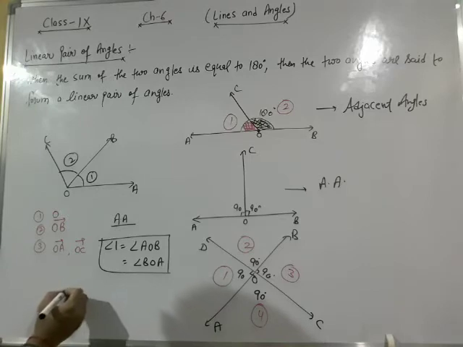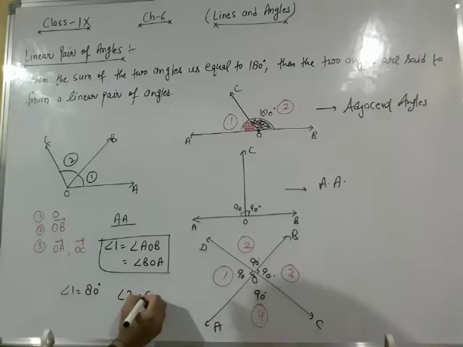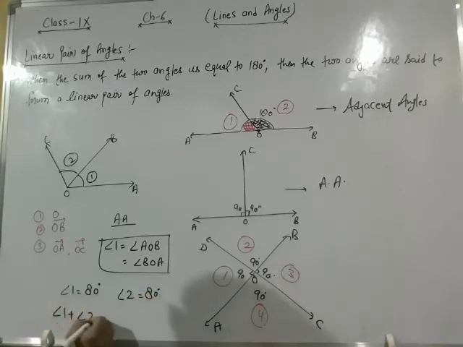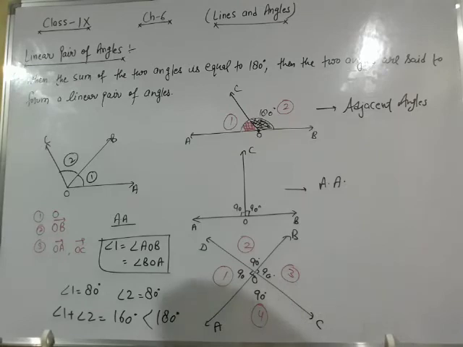So if we add two angles which are less than 90 degrees, suppose angle 1 is equal to 80 degrees and angle 2 is also equal to 80 degrees, for example. Then angle 1 plus angle 2 will be 80 plus 80, 160 degrees, which is less than 180 degrees.